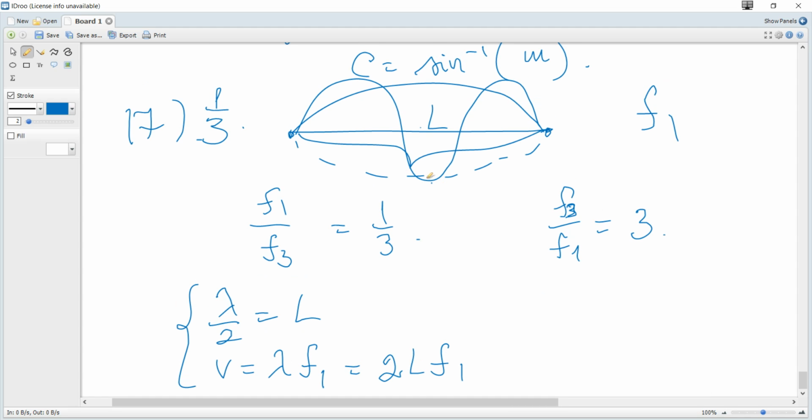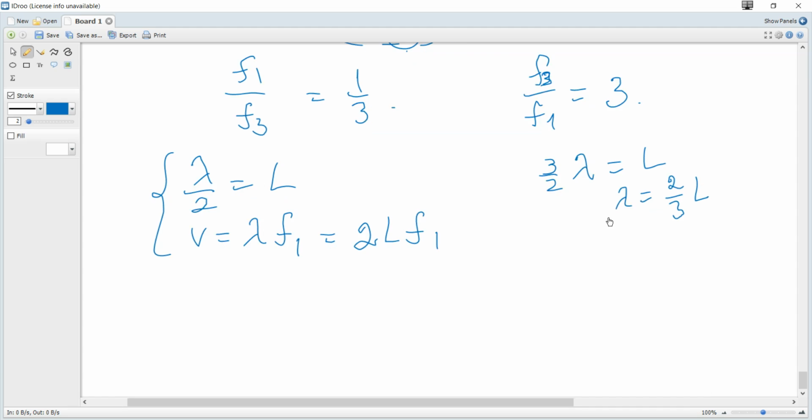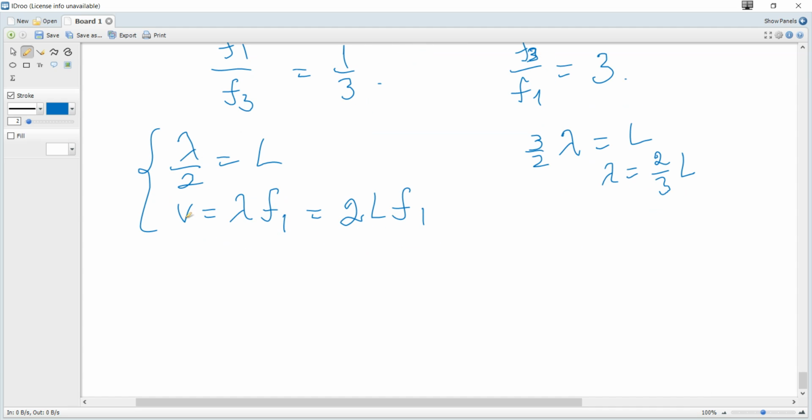Then the third harmonic looks like this. We can see 3 over 2 lambda, which is L now, so lambda is 2/3 L, and V is constant.